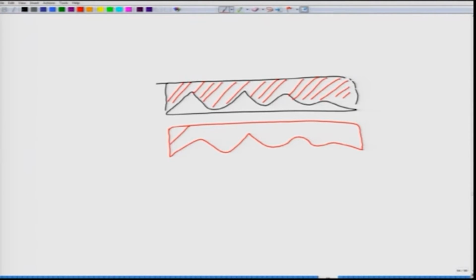Okay. This is what you are going to get. Your template was the black one, and on top of the template this is what has formed.